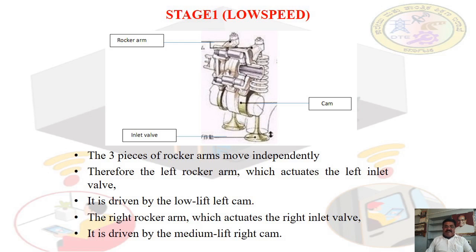So one point that we consider is that all the 3 cams are different in size. The third cam is medium size, the left hand side cam, that has slow timing and low lift.